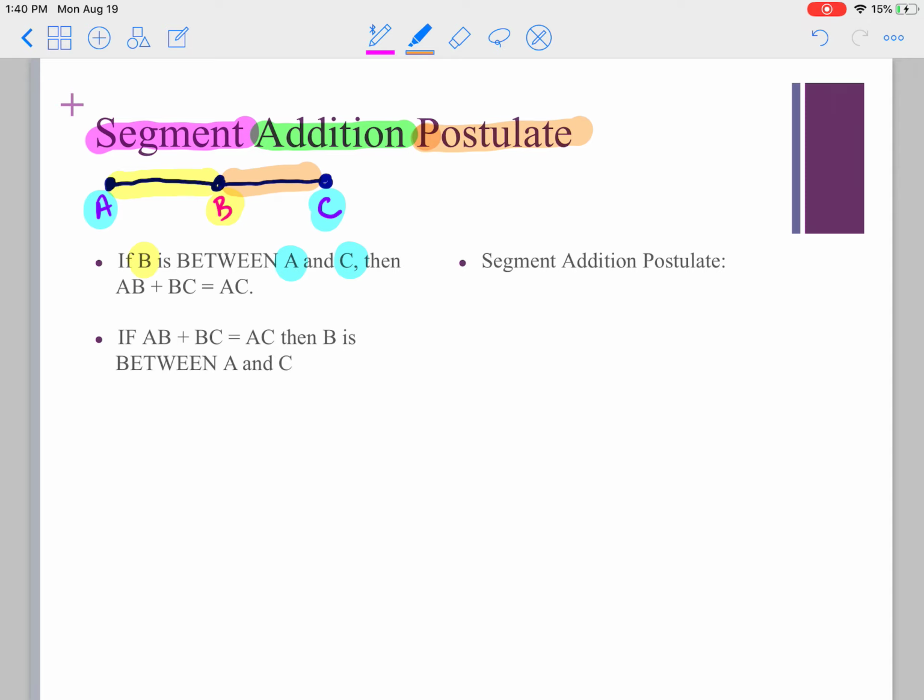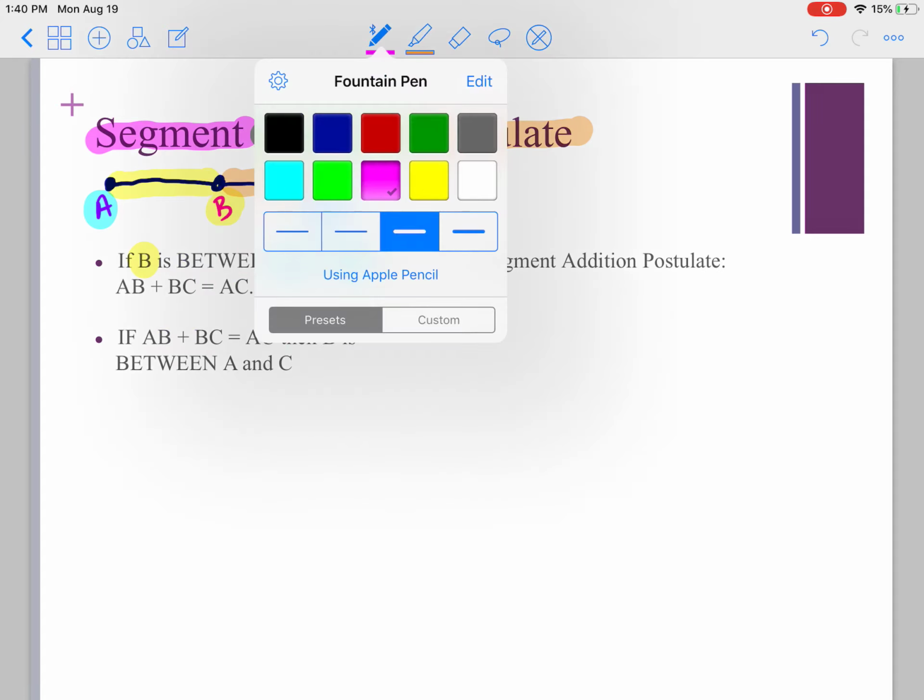And so, for example, I'm just going to give you numbers for an example.